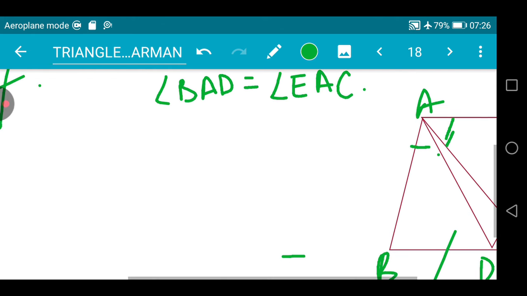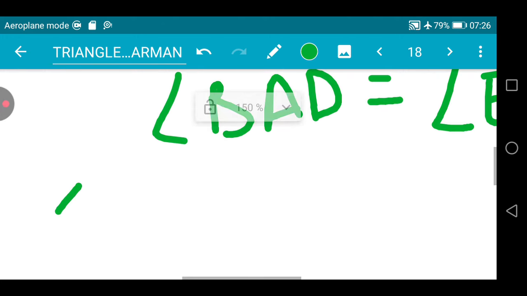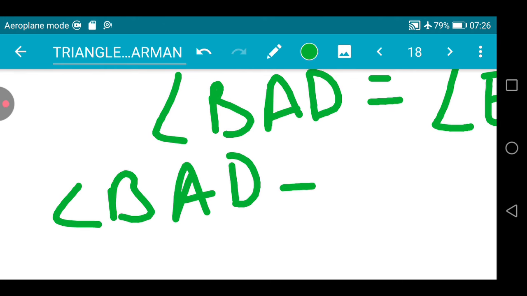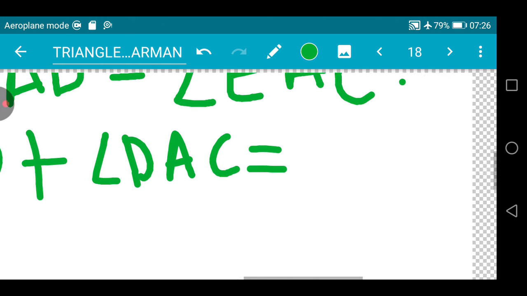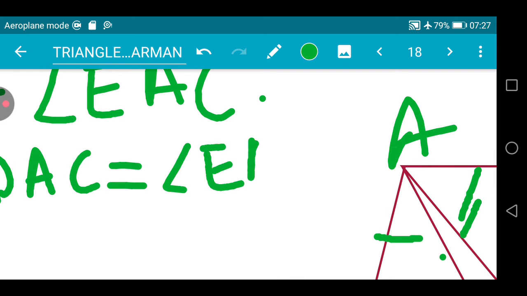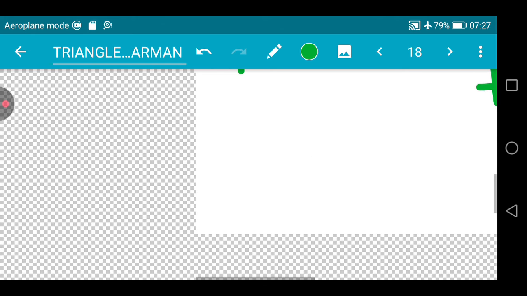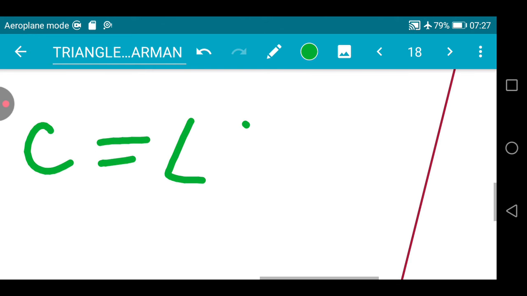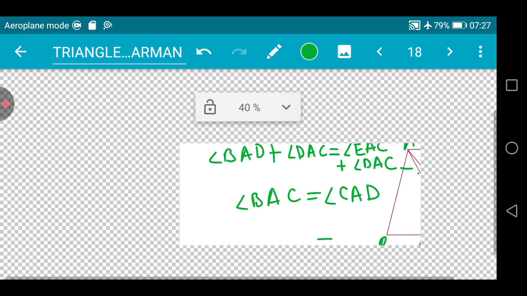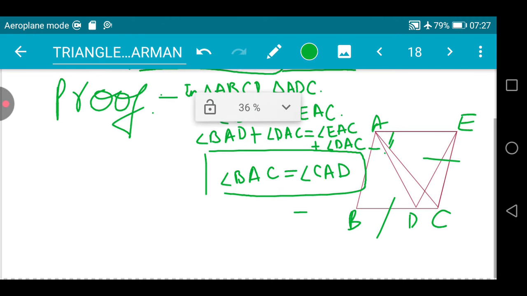We will add angle BAD plus angle DAC equal to angle EAC plus angle DAC. So what will be equal here? Angle BAC equal to angle DAE. Okay. Proved. These two parts I have proved.